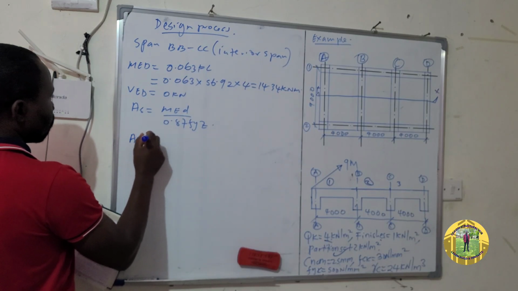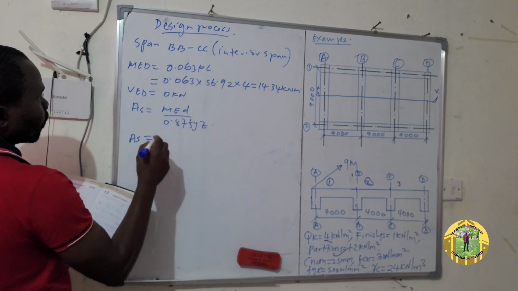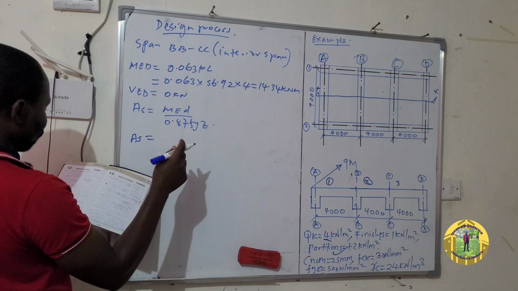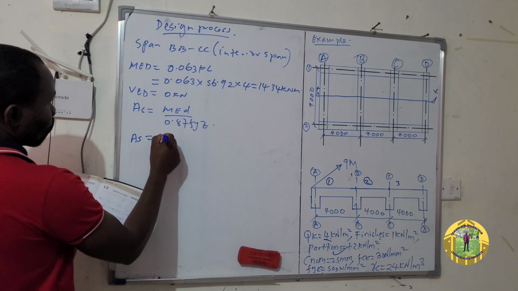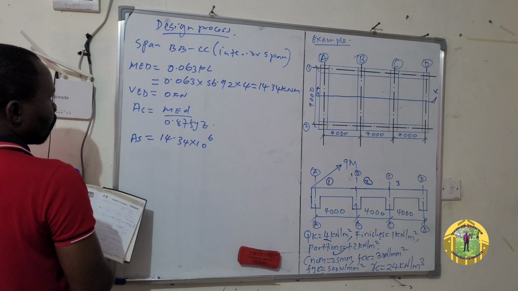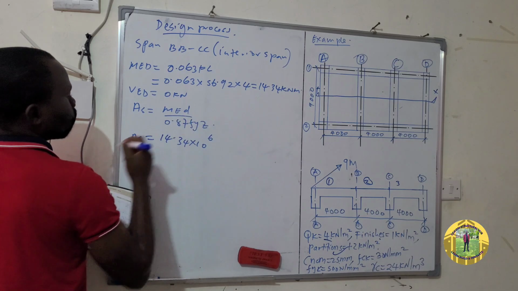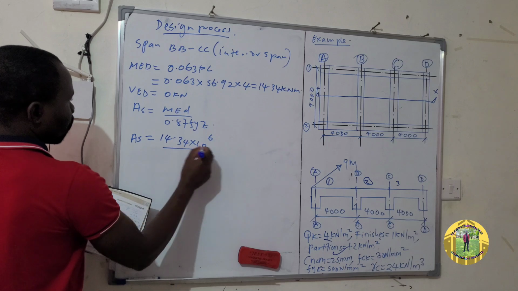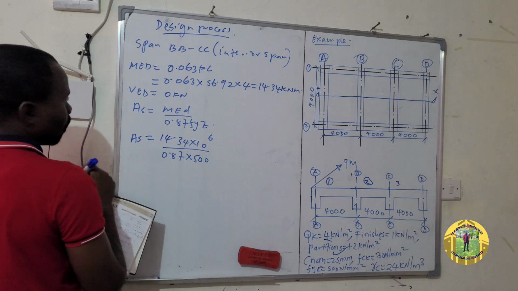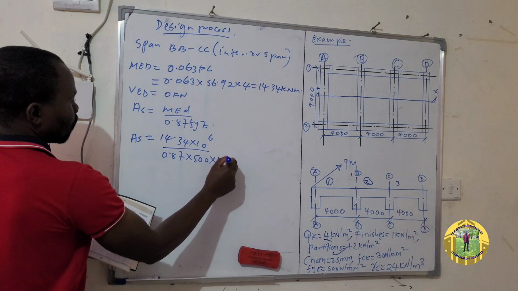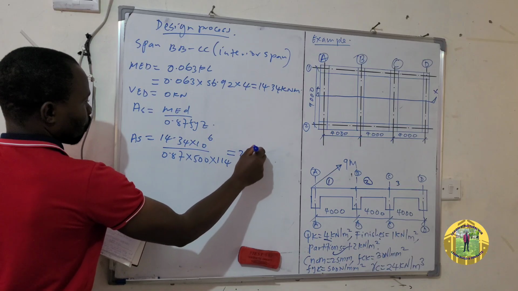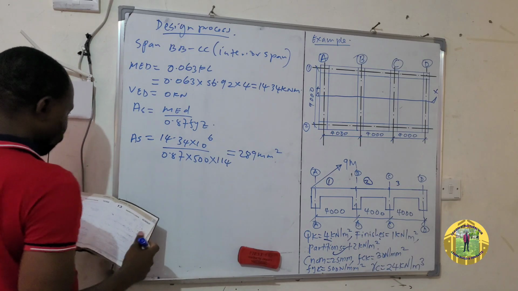So area of steel is equal to MED, 14.34 times 10 to the power of 6, because we are changing from kilonewton meter to newton millimeter, all over 0.87 times fy, which is 500, times Z, which remains the same, 114. So this is equal to 289 millimeter square.